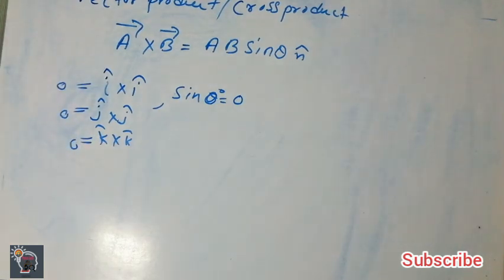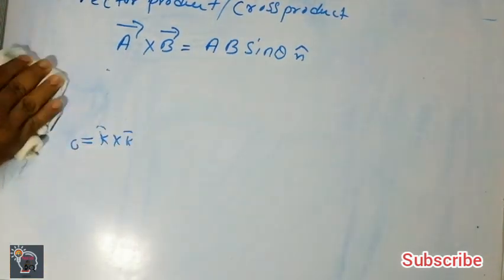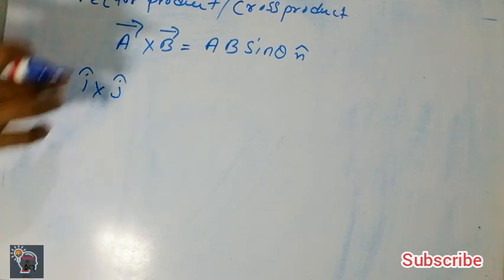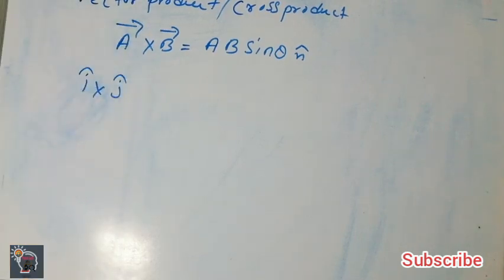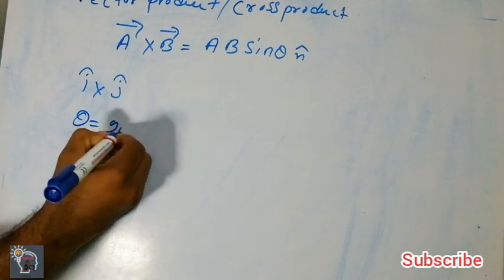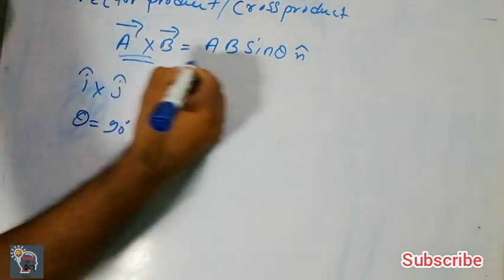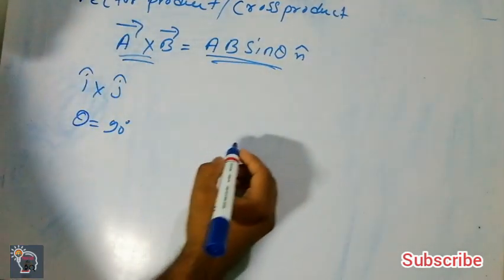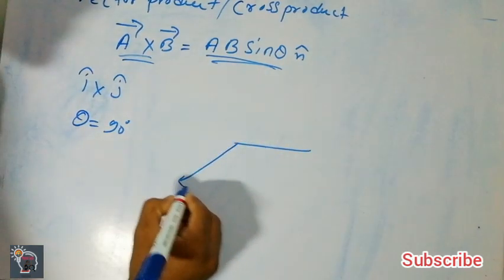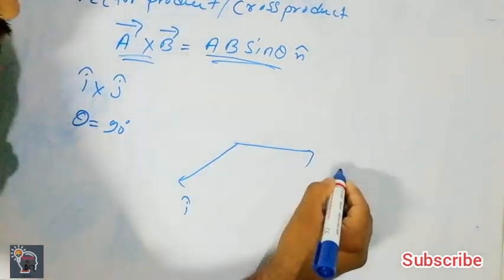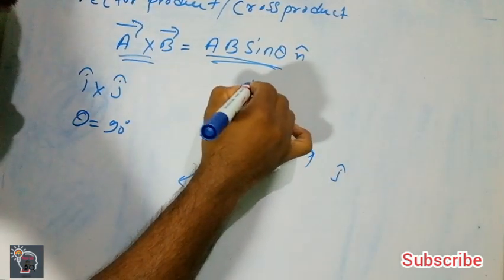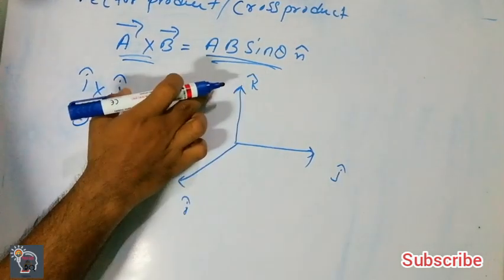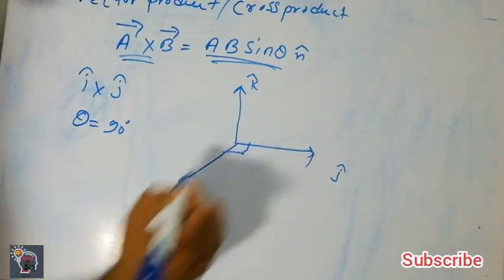And what is the result of i cross j? We know that i and j are mutually perpendicular, so the angle between them, theta, is 90 degrees, and we have the formula A cross B is equal to AB sin theta n cap. n cap is perpendicular to both A and B. If we take i cap along this axis, j cap along this axis and k cap along this axis, then k cap is perpendicular to the plane containing i cap and j cap.